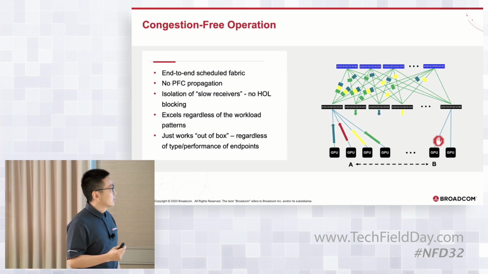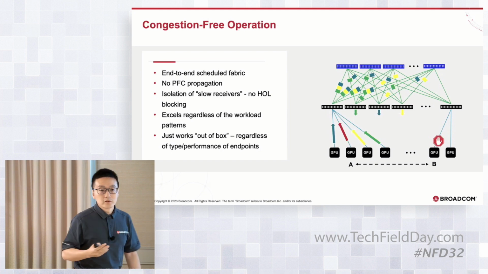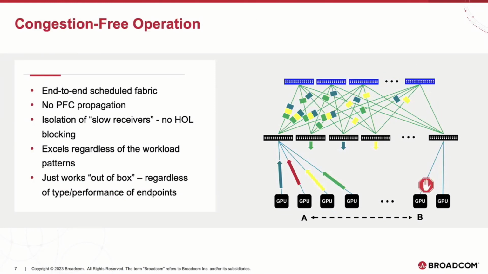And this type of architecture excels no matter what the workload is. The workload can be any mix of all-to-all, reduce, scatter or gather, or any kind of percentage mix. And a question here, yeah.